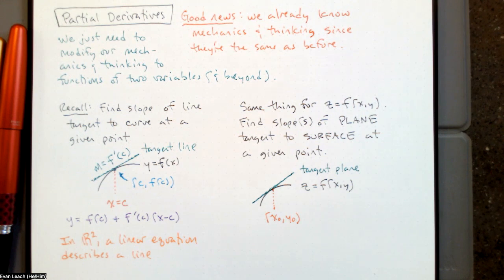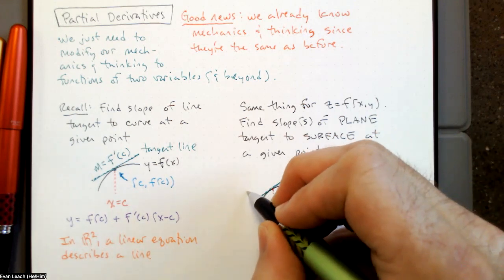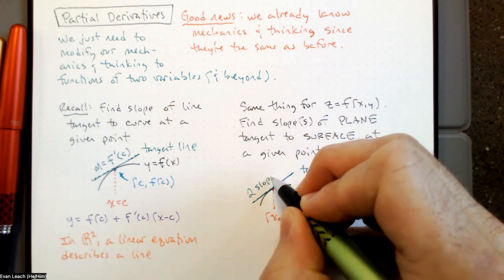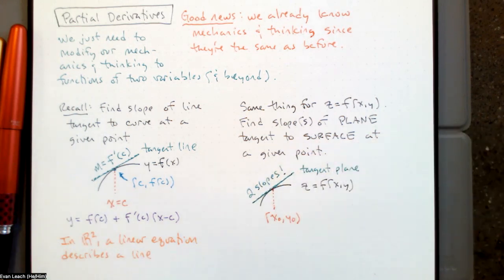We're looking at it from the side, so I don't have to draw things in 3/4 view. And a tangent plane has two different slopes. So there are going to be two slopes. They're going to be defined by derivatives. There's two of them, so we're going to need two derivatives.